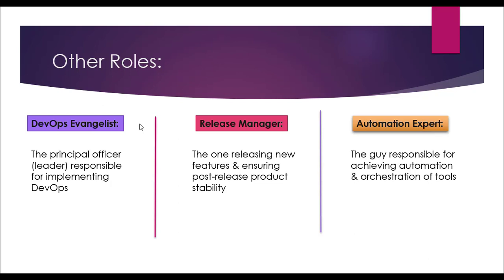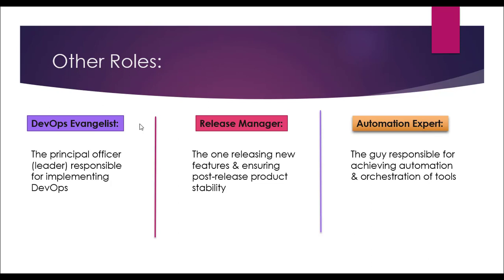Build managers take care of build-related activities, making sure code coverage, code analysis, static code analysis and dynamic code analysis are all part of your build pipeline. They share the same responsibility as a DevOps engineer. So release manager and build manager are not different, guys. It's the same role, just with a different naming convention.